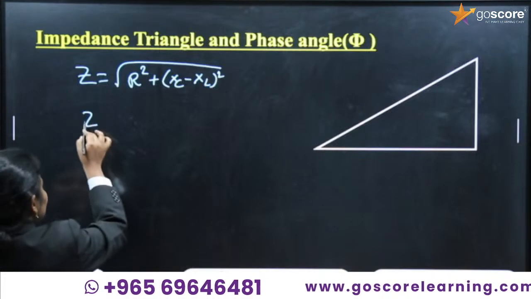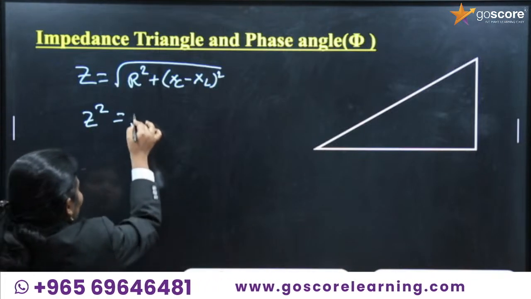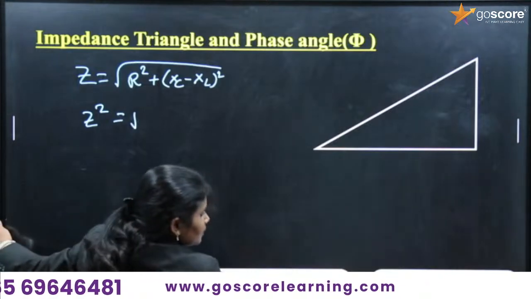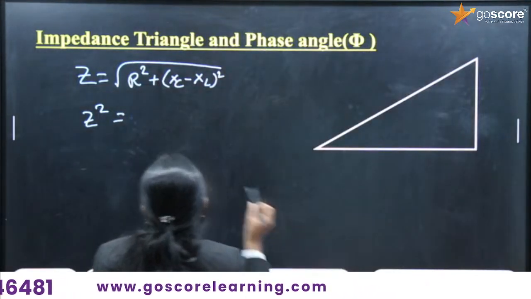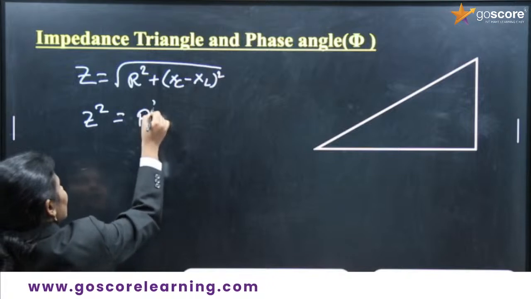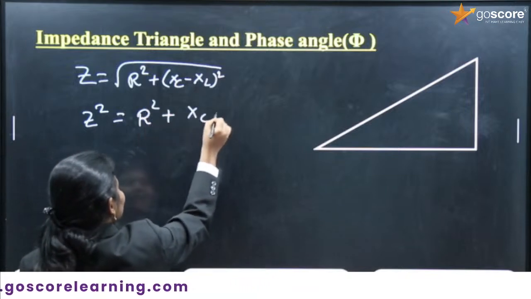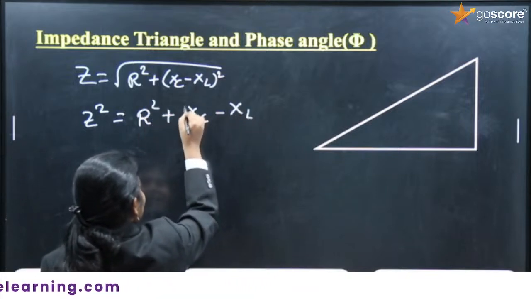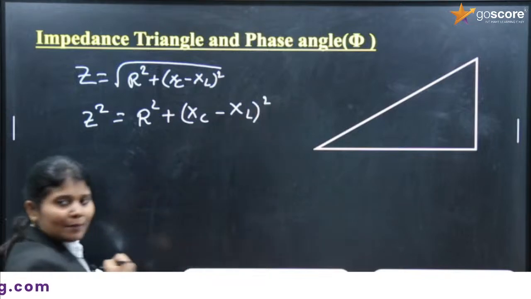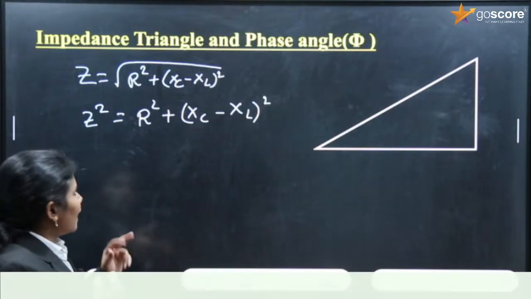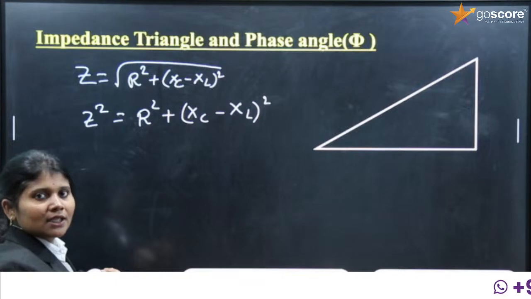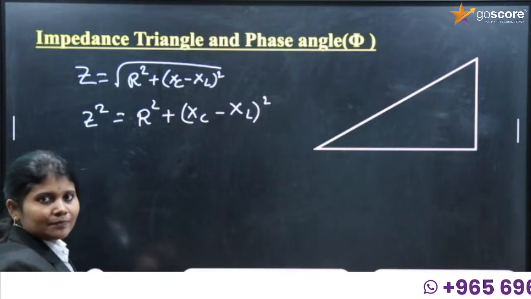So we will write Z square is equal to R square plus (XC minus XL) whole square. Compare with the triangle, apply Pythagoras theorem.